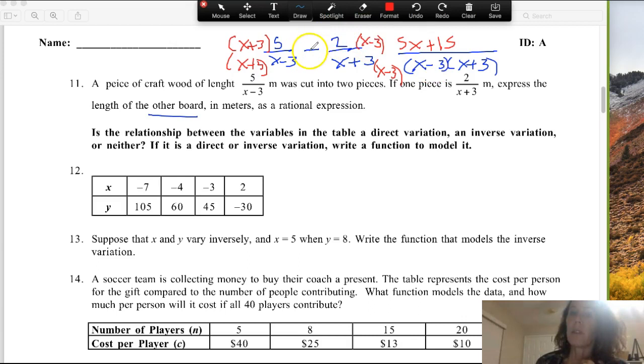Now careful, this is minus 2. I could distribute this and then subtract off the second fraction, or I can do it all at once: this is minus 2 times x, which would be negative 2x, and then minus 2 times negative 3, which would be positive 6. So I kind of took out the step of having the second fraction and the minus and then distributing. I just did it all together and put it over one fraction.